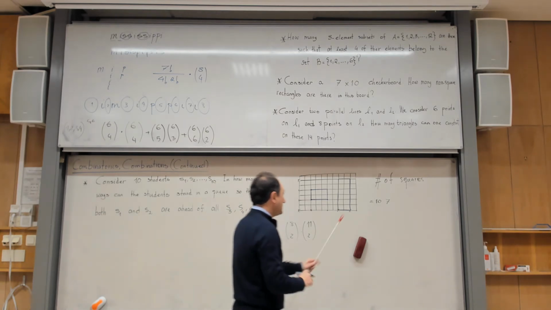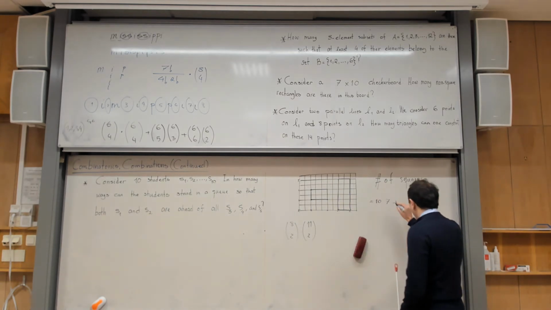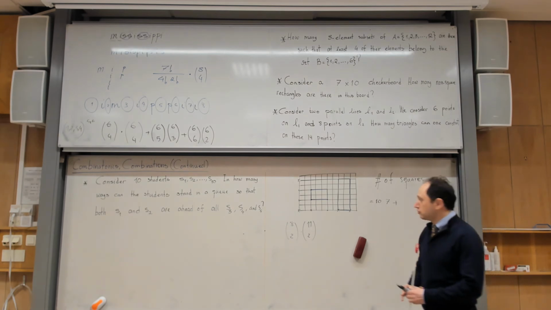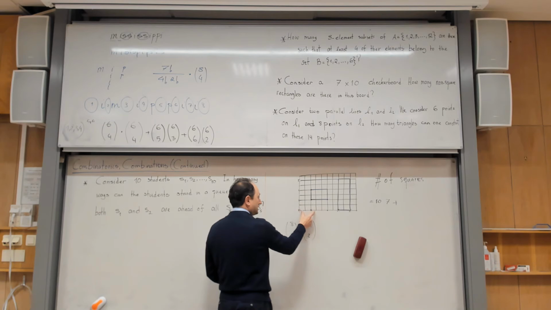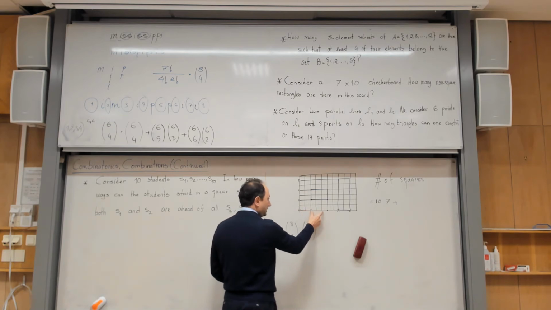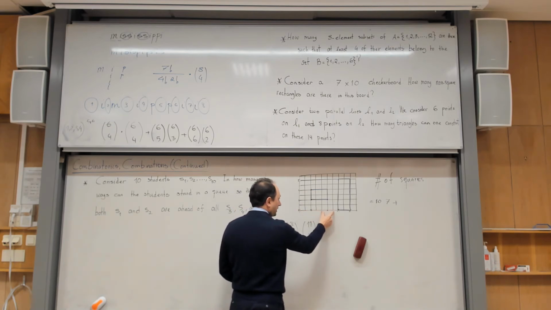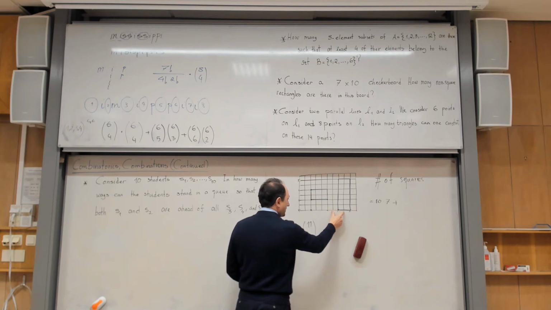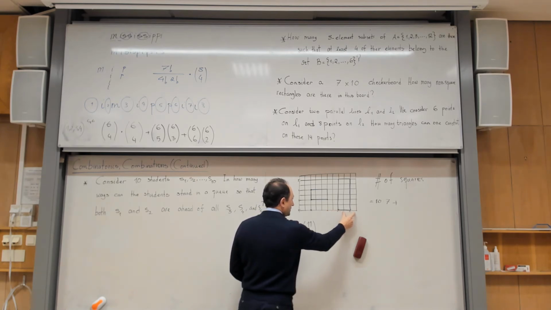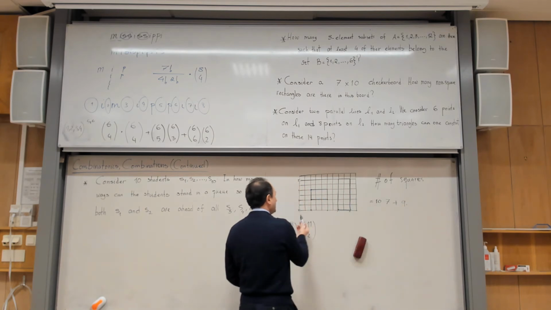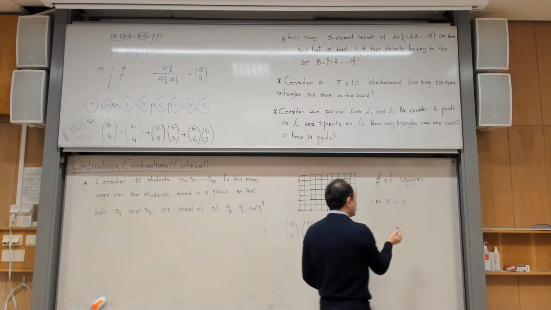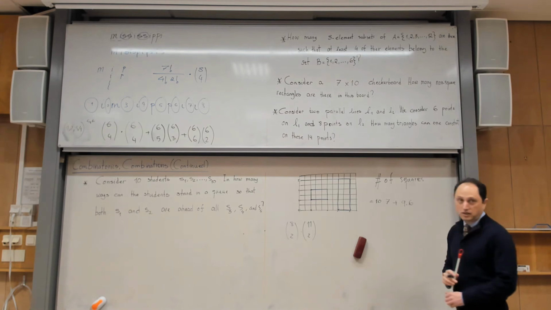Okay, but this is 1 by 1. How many 2 by 2 will I have? For 2 by 2, I need to open my fingers 2 units. Yes, 1, 2, 3, 4, 5, 6, 7, 8, 9. Yes? Then what will happen here? You can convince yourself that it is 6.